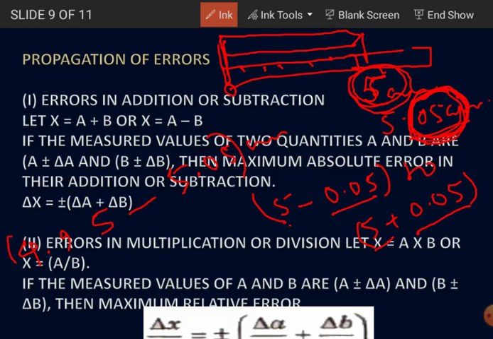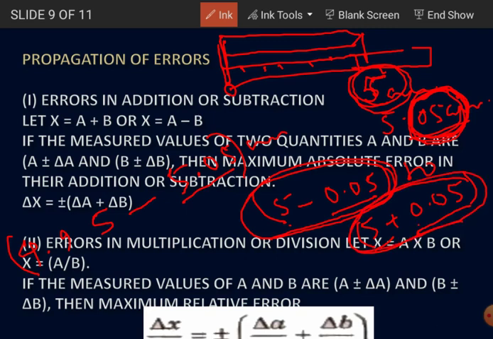What is this 4.95? 4.95 is nothing but the true value minus that error. And 5.05 is the true value plus the error. So that is what it means here, got it. So if the measured value of the two quantities A and B are A plus minus delta A, it means the true value lies between 4.95 to 5.05. That is the meaning.